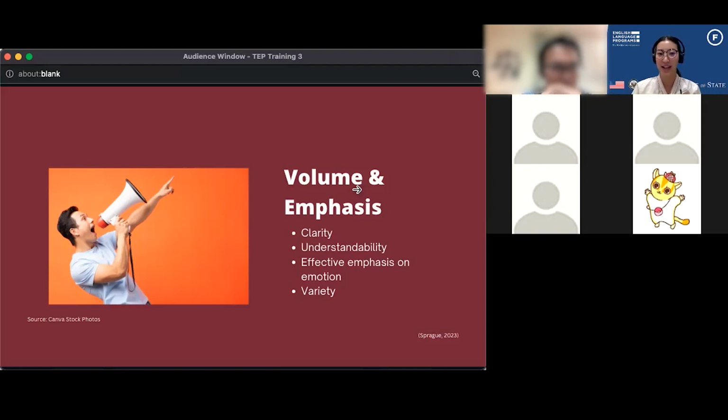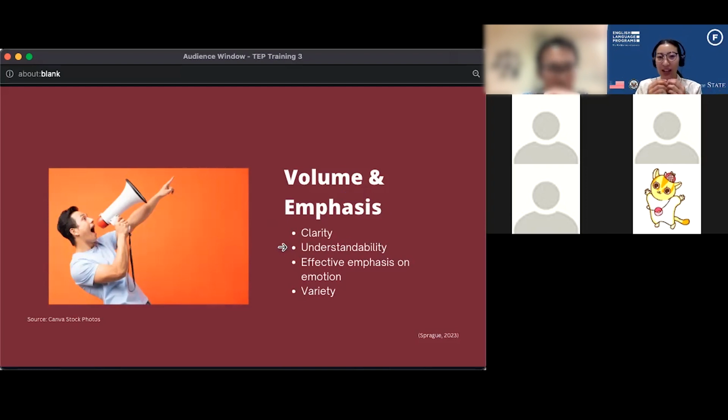So this is what is meant by volume and emphasis. So why is this important? Volume and emphasis help make sure that there is clarity, right? So that we can hear the presentation. It also helps make sure that the audience understands.